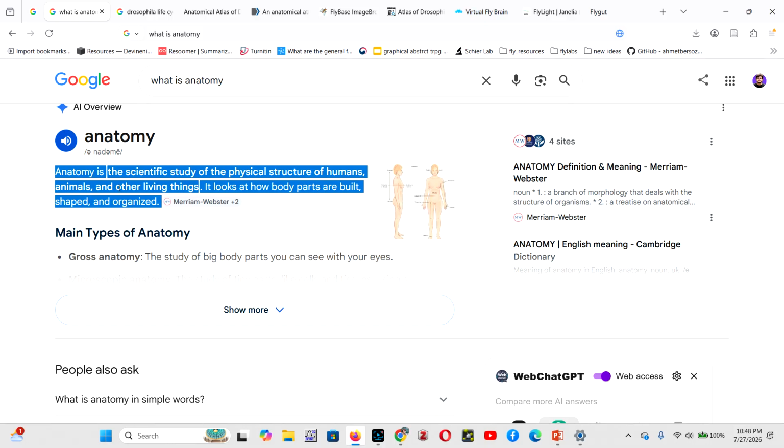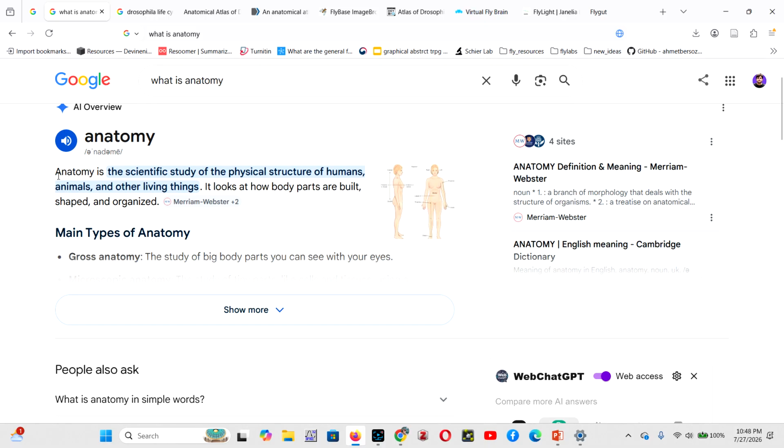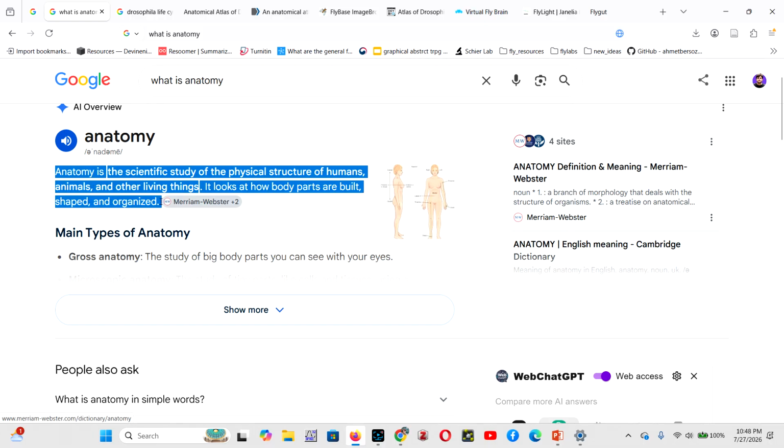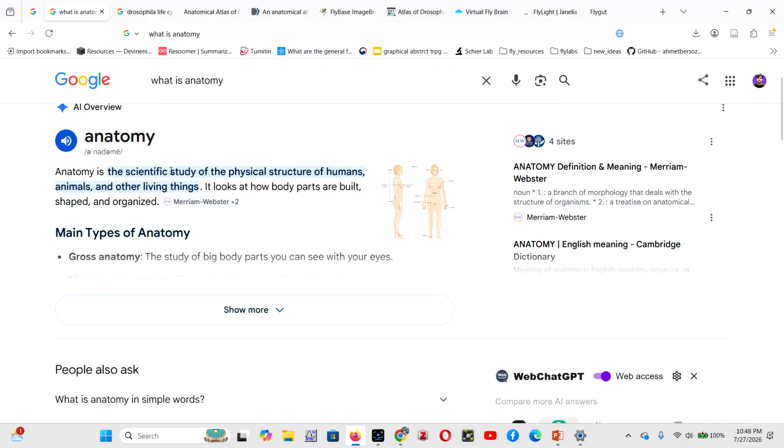But to my surprise, when I searched this terminology, I think this definition is very balanced, and it helps us understand the terminology in a very balanced way. If you see here, it's all about the physical structure. This is the first thing that you need to keep in mind.